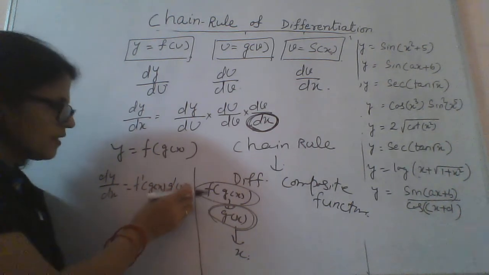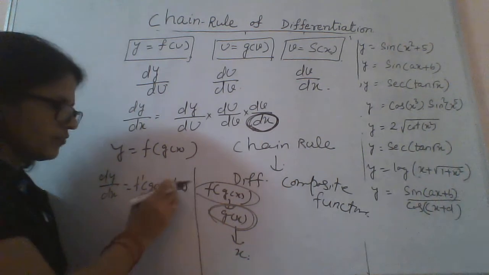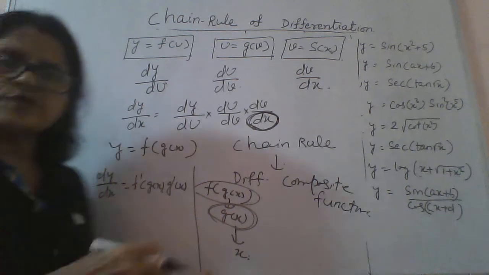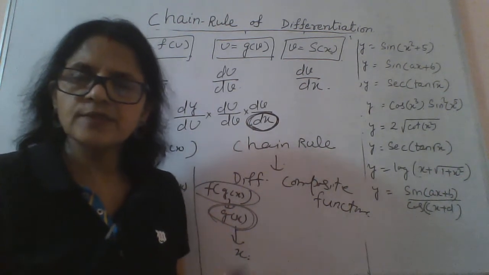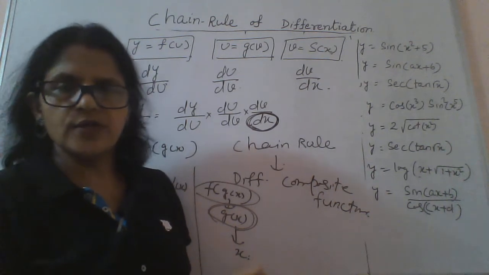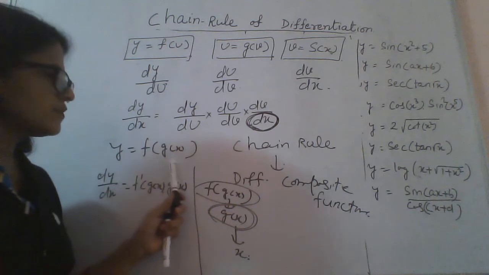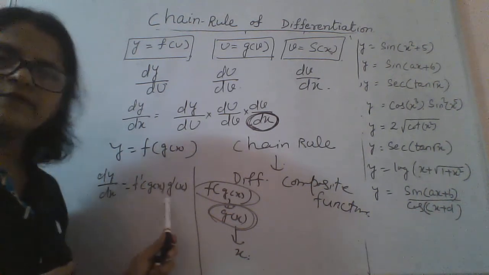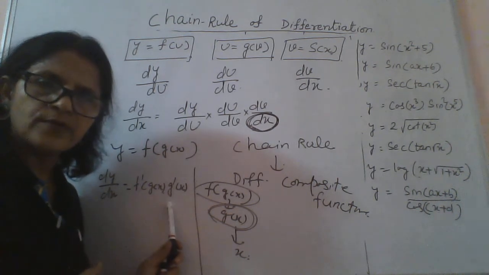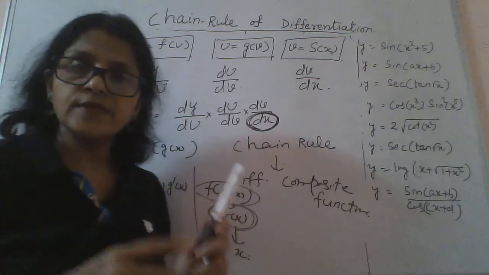And if you have f of g of h x, similarly we can extend this chain rule. In the general case, f of g x may seem a little complicated now, but if I tell you through questions, you will find how easy it is.